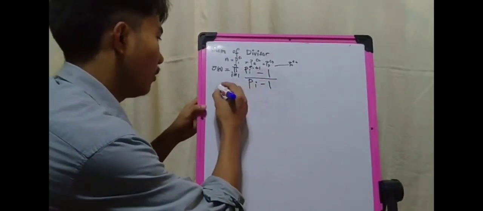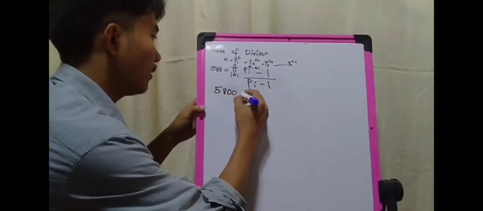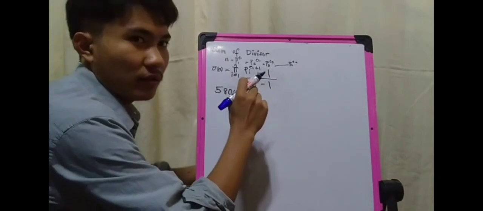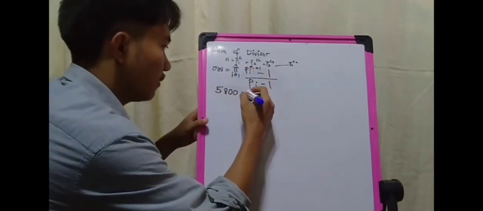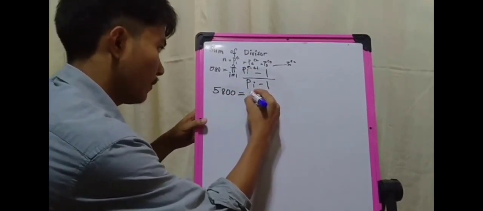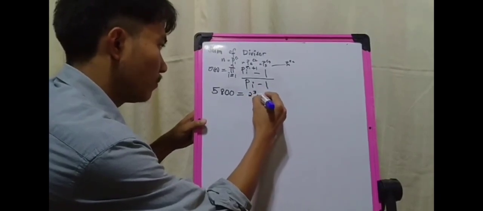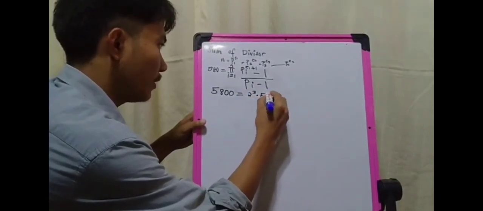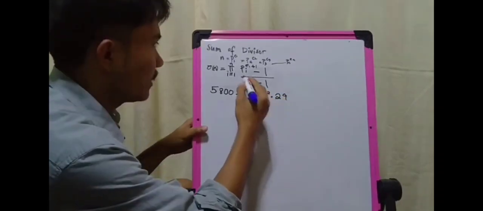So for example, 5,800. We know from the previous example that the prime factors of 5,800 are 2 cubed times 5 squared times 29, based on the formula.